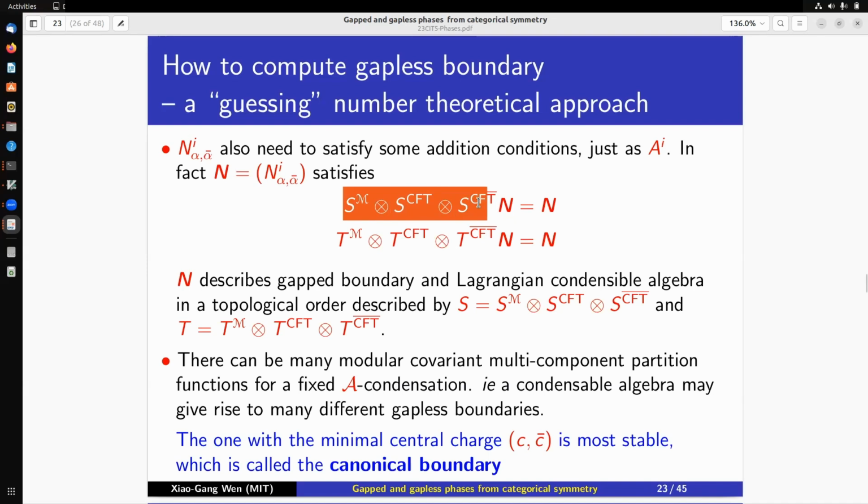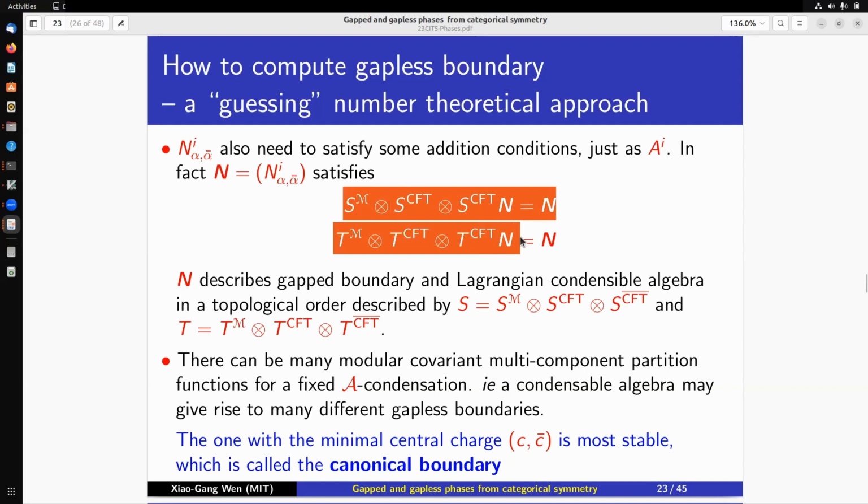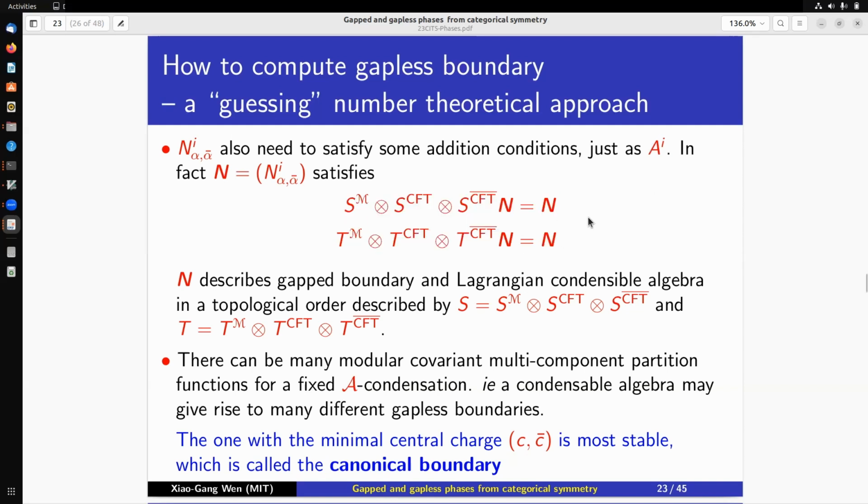Remember that because those conditions are only necessary, we have more conditions on A. In addition to this, there is a further condition. So when you have this point of view, this n vector should also satisfy this additional condition. So it is important to know this.